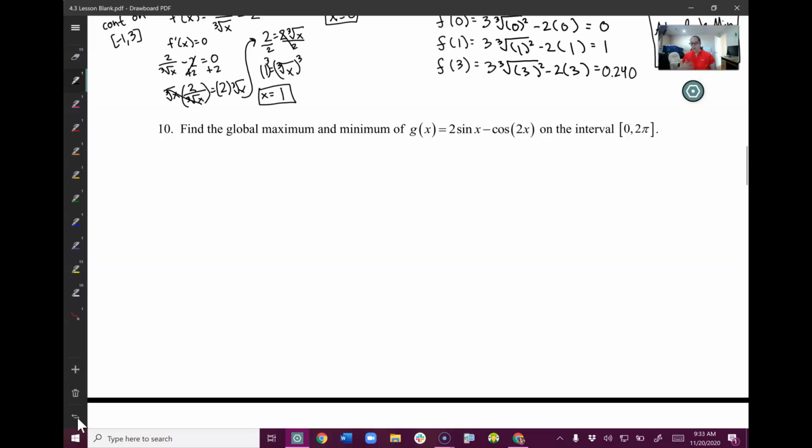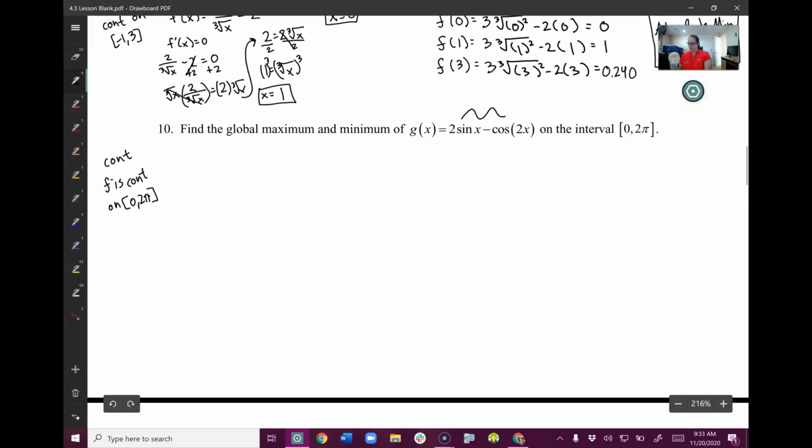Okay, number 10. I want you to try this one out all on your own, because that's where we're trying to head, right? So we'll do the continuous part together. So continuous, this is a sine and cosine, which is waves, so it's always continuous. So f is continuous on 0 to 2 pi.